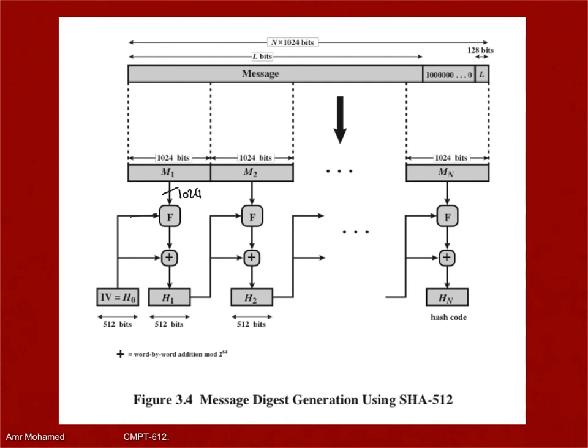This function takes the hash from the previous step, which is of size 512. This block is similar to the round function in AES, but here it's not based on permutation and transposition. It's based on certain XOR combinations of the two inputs.